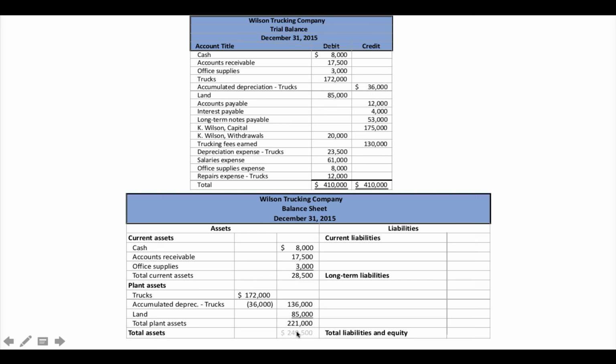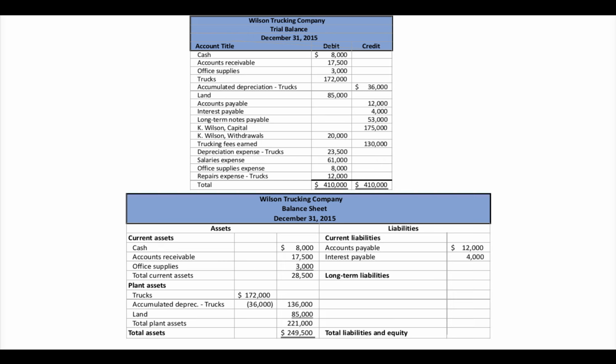Over here, we're given, well, interest payable is always going to be short-term. Accounts payable always, these two are by default considered, unless you're told otherwise, to be short-term or current liabilities. In this case, that's all we've got.